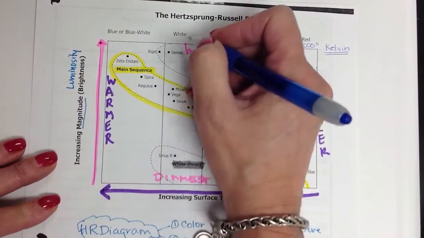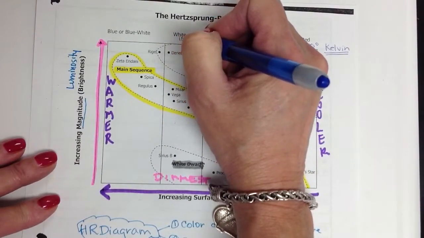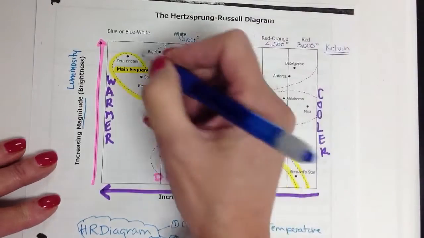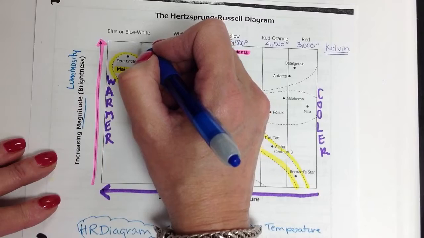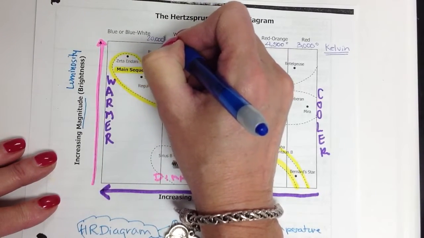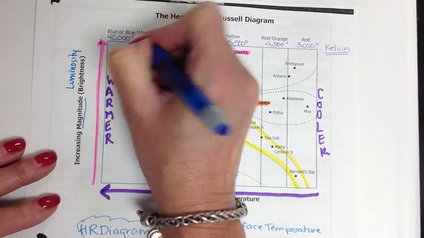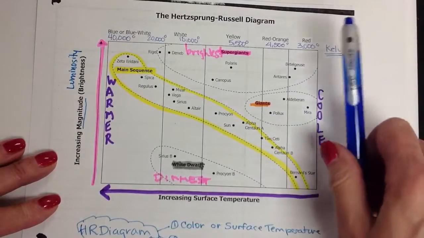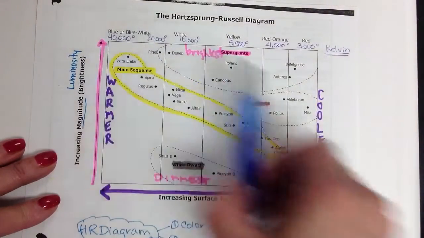And then as we increase to white, we're about at 10,000 degrees Kelvin. And then blue to blue-white, they range from anywhere from 20,000 degrees all the way to 40,000. So we can see that the temperature increased nicely as we went from the right side of the diagram towards the left.